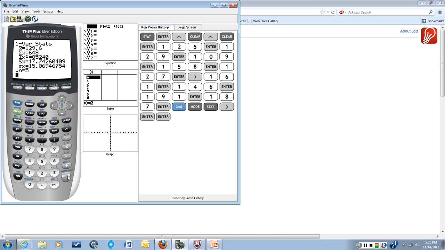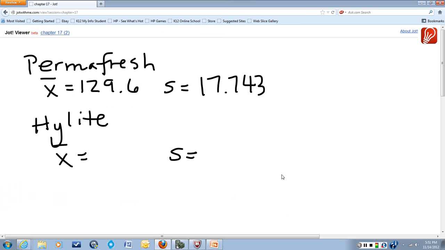And I get an X bar of 129.6. And I get an S of, rounded, 17.743. So there is my data over here for Permafresh.